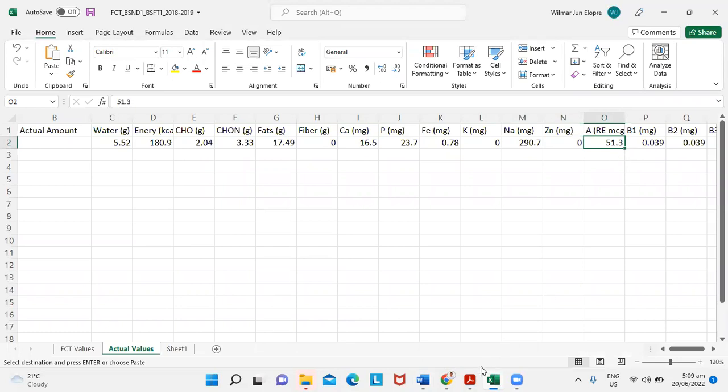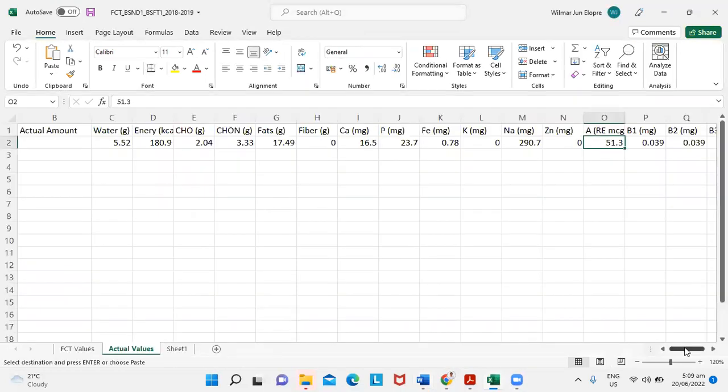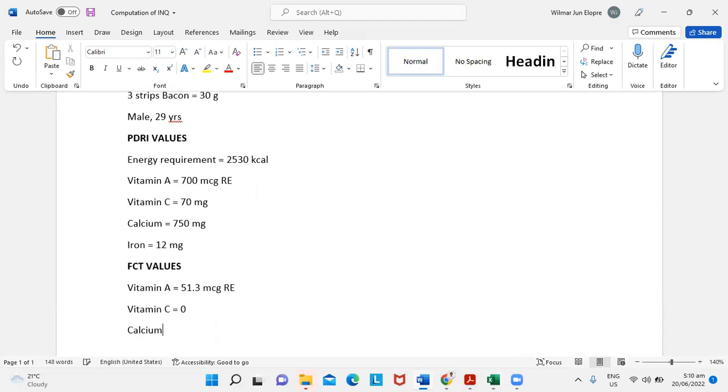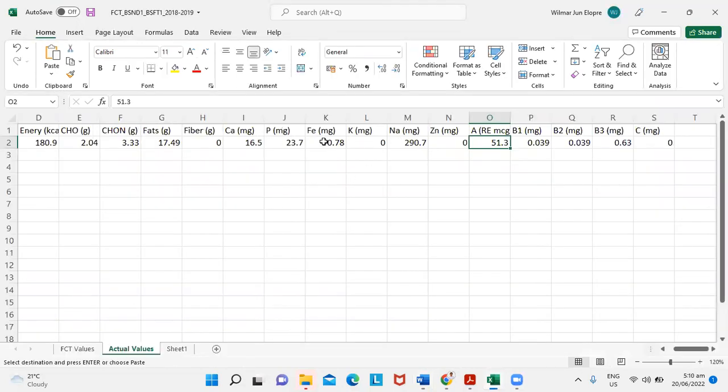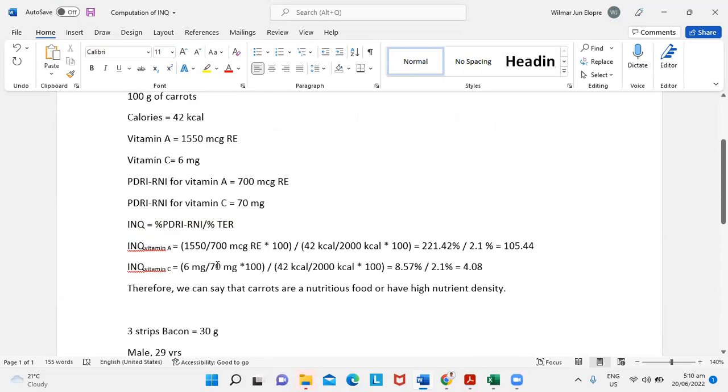Kaya na-compute naman ta 51.3 micrograms RE. Ang vitamin C is pila? 0. Okay. I'm sure 0, no? Atong i-check. 0. Ang calcium is 16.5. Then ang iron is pila to? 0.78 milligrams.